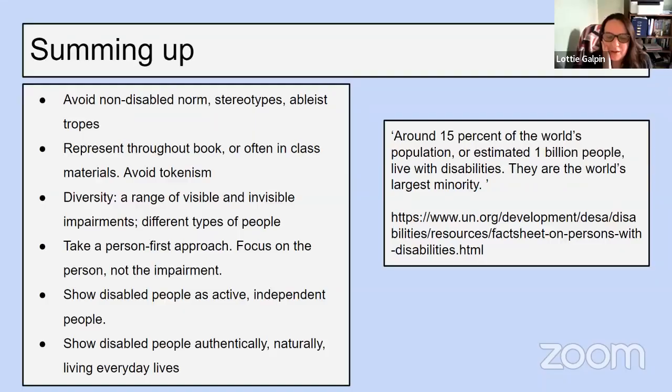I'm not trying to evangelize. Well, I suppose I was fairly evangelical, but I appreciate that you have to adapt your materials for each specific context. So if you're living in a culture where disability is highly stigmatized, then you might want to reconsider or adapt what I've suggested for your own teaching context, or the market that a book is being published in.